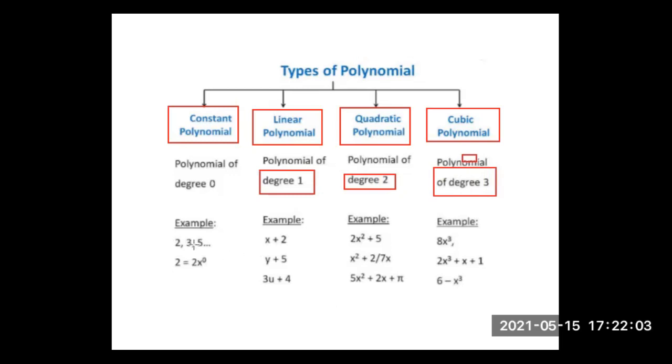Next you can see here one example we have, that means 2 equal to 2x to the power 0. So here you can see on your screen, let me zoom so you can see properly.